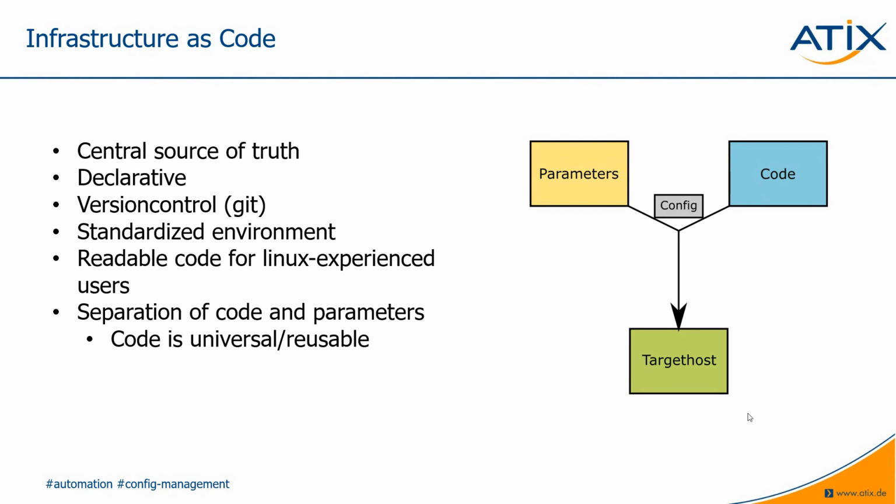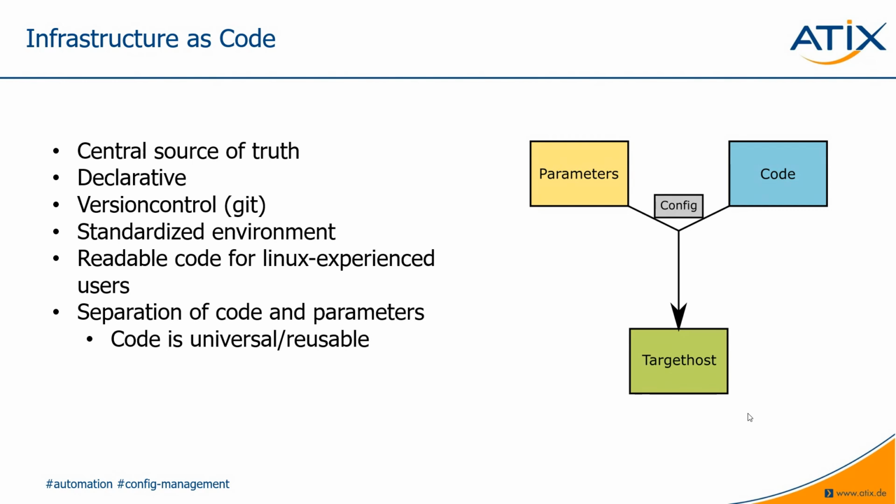And the next thing which is important for infrastructure as code is that you separate your parameters. So everything which is dependent on your infrastructure is separate from your code. Code is this thing which is written in this design language depending on the tool, and this takes care of how to configure things.